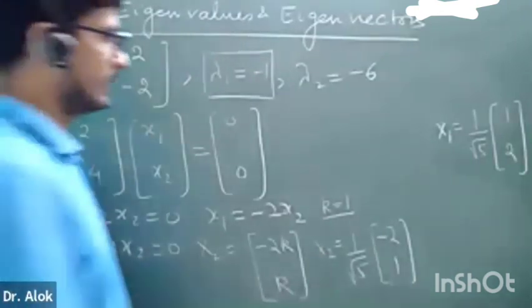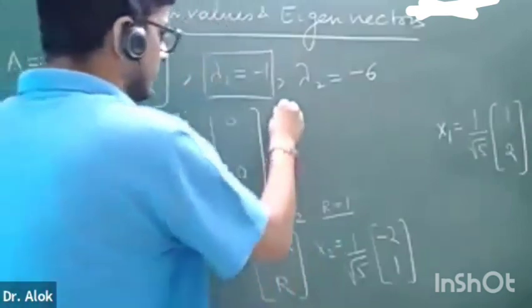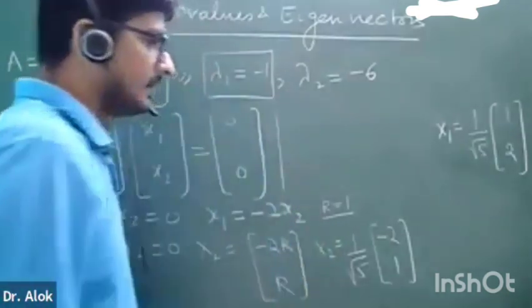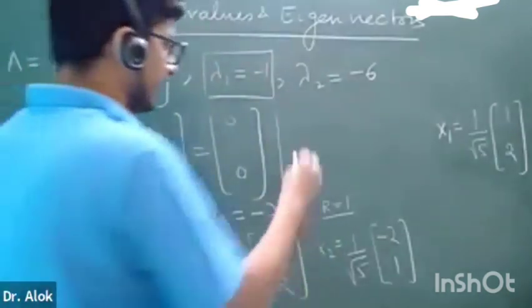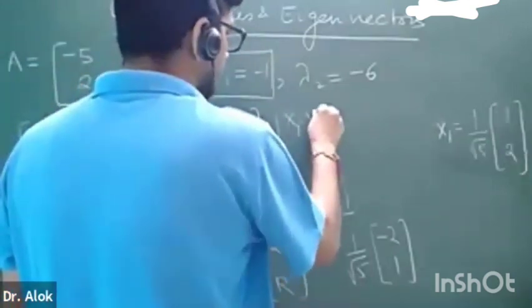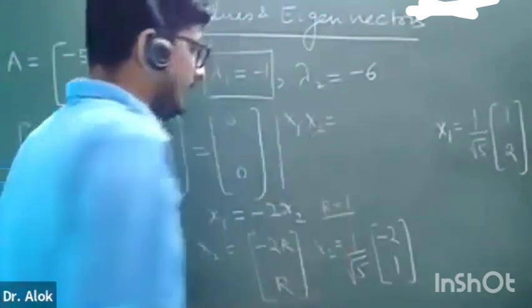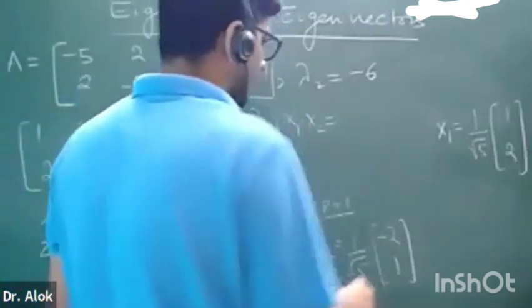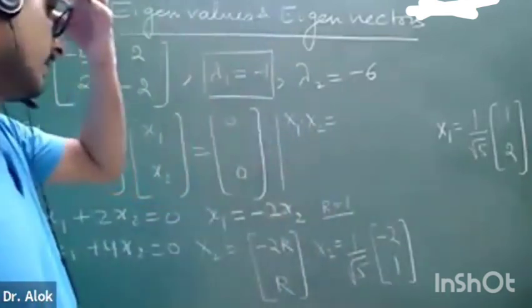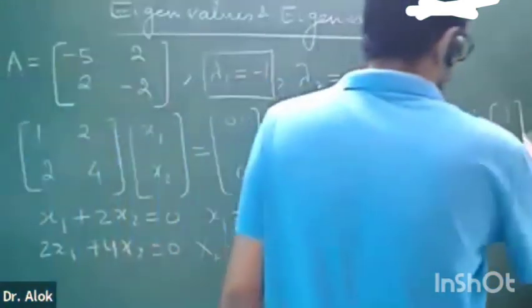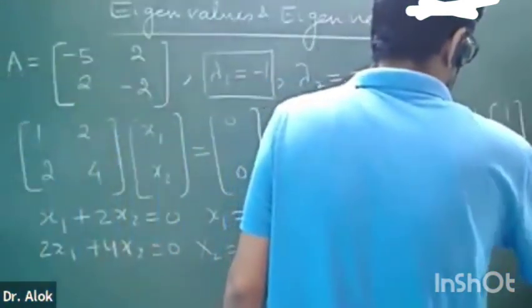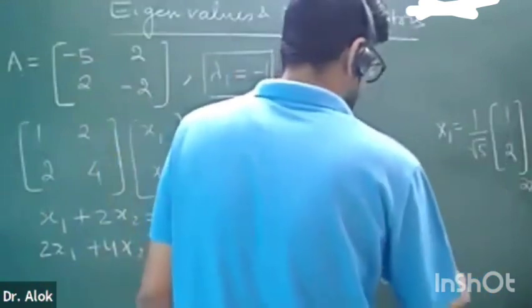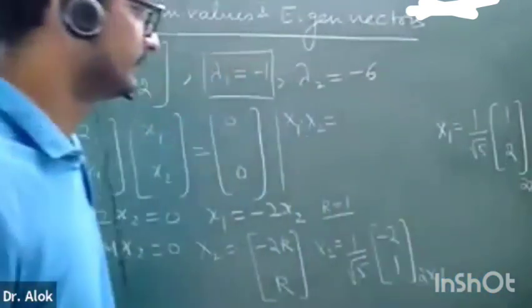Now let us take the dot product of these eigenvectors, x1 dot x2. If I take the dot product, what will happen? This matrix is 2 cross 1, and this is also 2 cross 1.